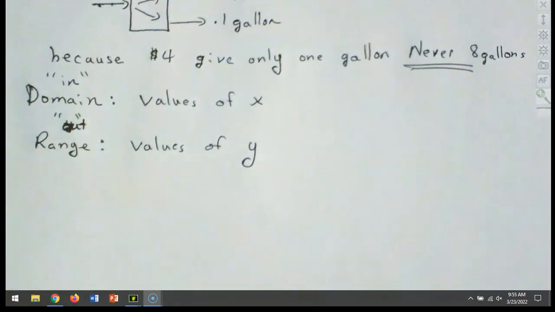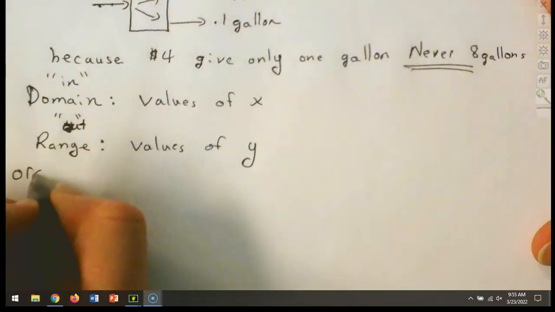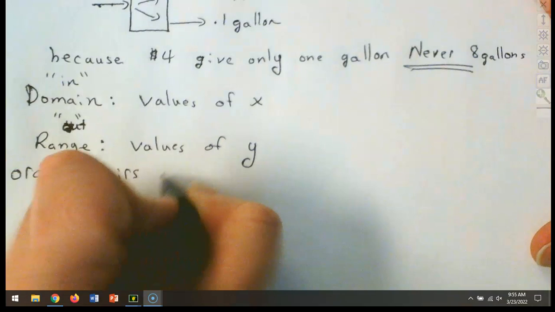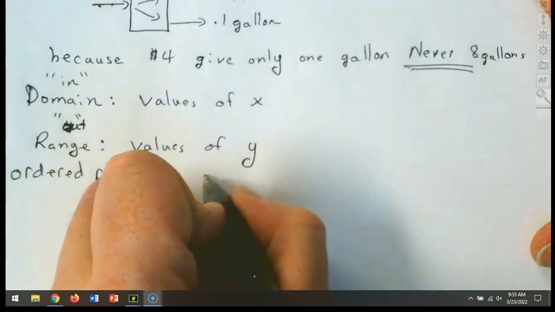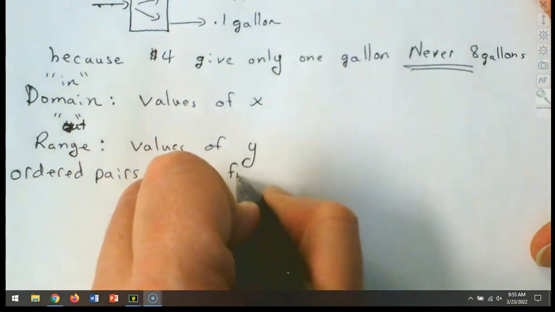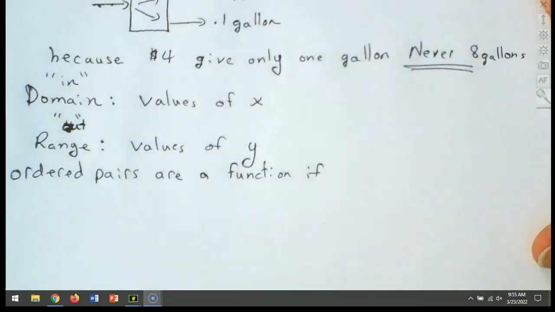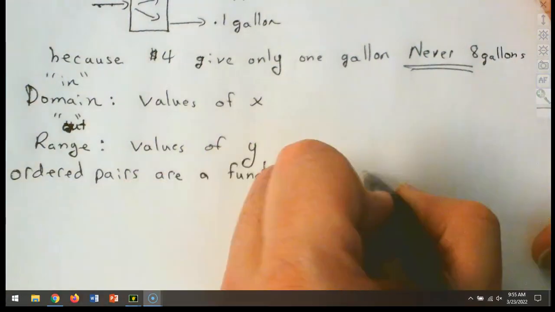Now, how do we tell if ordered pairs are a function or not? Well, ordered pairs are a function if no X values are duplicated.